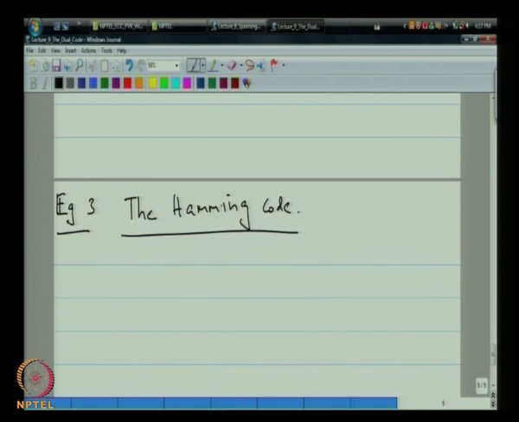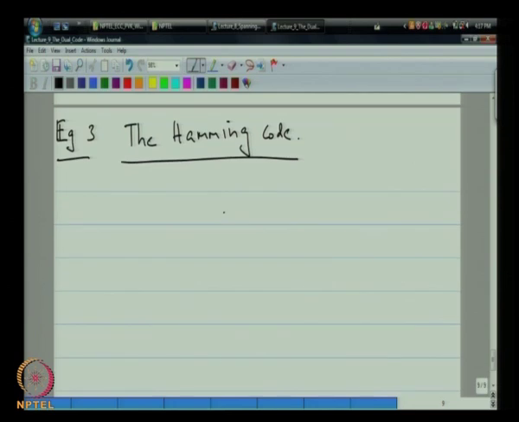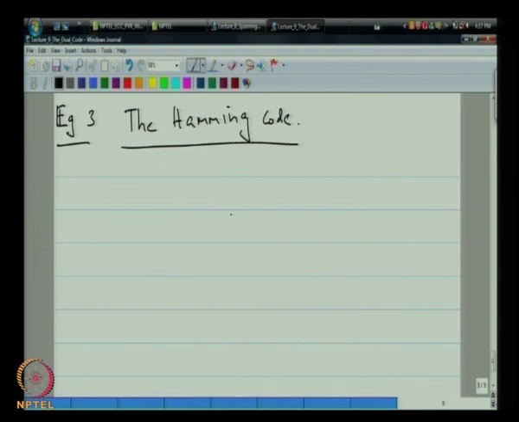Now, so let us begin with our 3 circles diagram.